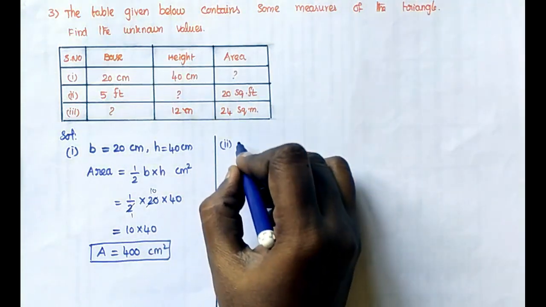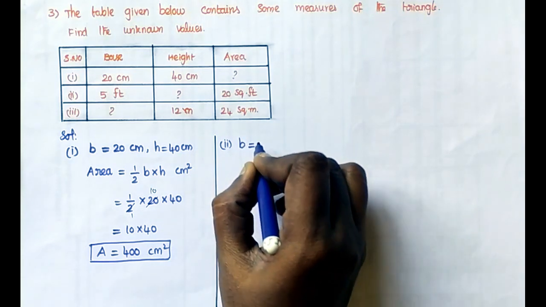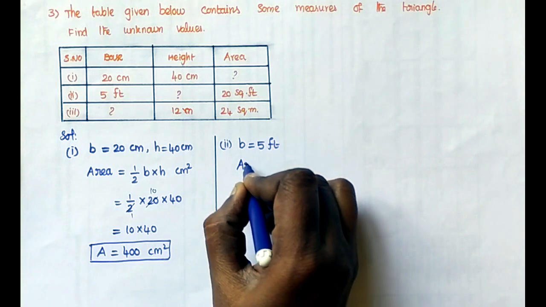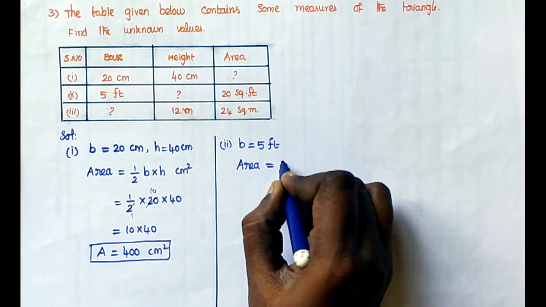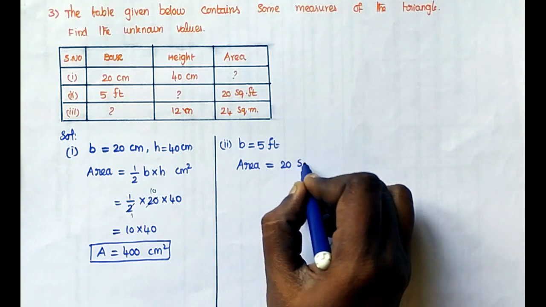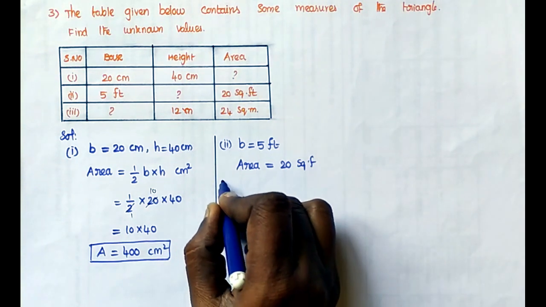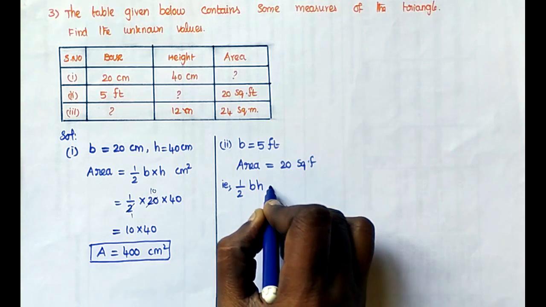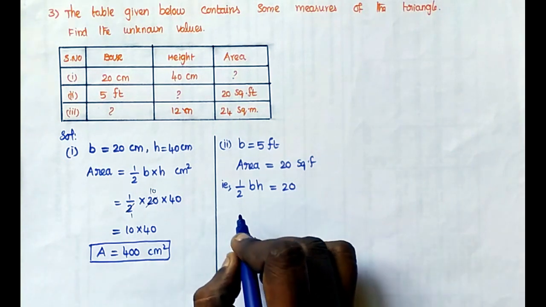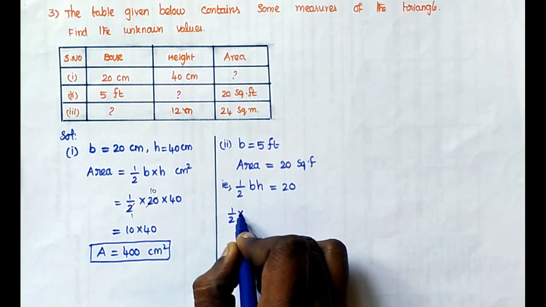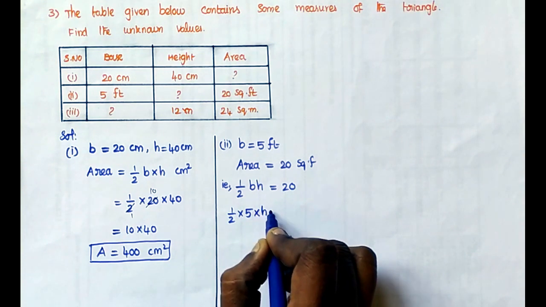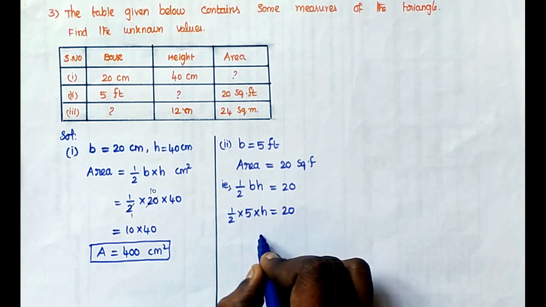Second subdivision, we given base equal to 5 feet and area they given, that is 20 square feet. Instead of area we apply the formula half BH equal to 20. Now we know that B is 5 into height equal to 20.